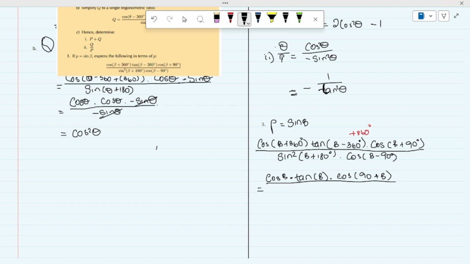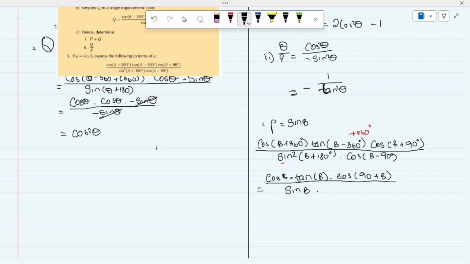And then it's going to be what? Now it's sine squared of beta plus 180 degrees, which is the denominator. So it's going to be sine squared beta plus 180 degrees, right? So it is going to be sine beta, right?